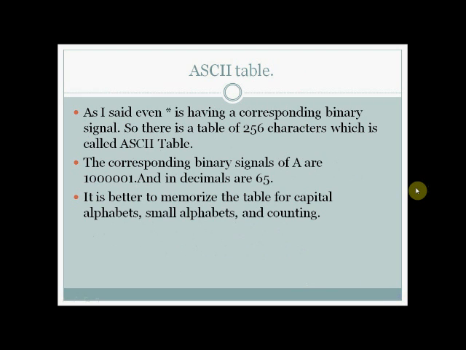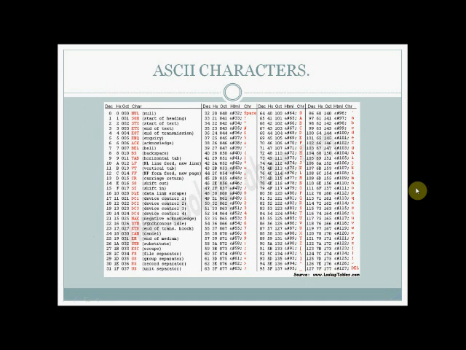And there is a table of 256 characters which is called the ASCII table, and according to this table, every character on the keyboard, meaning every piece of information, has a corresponding binary digit or decimal digit. There is the table.